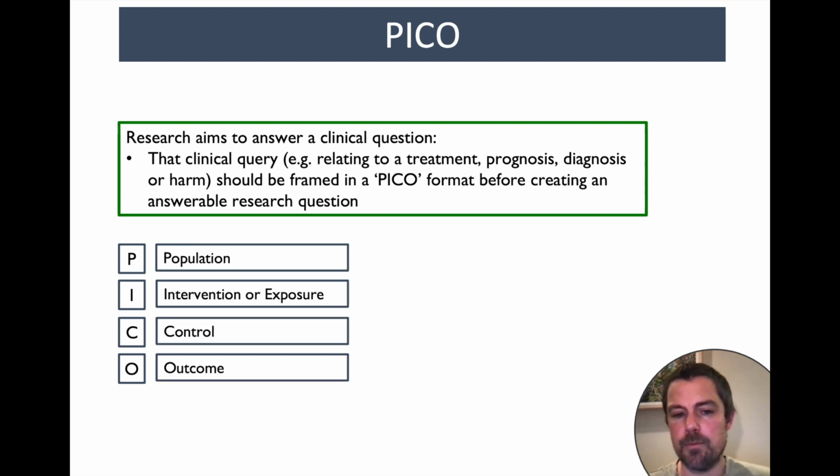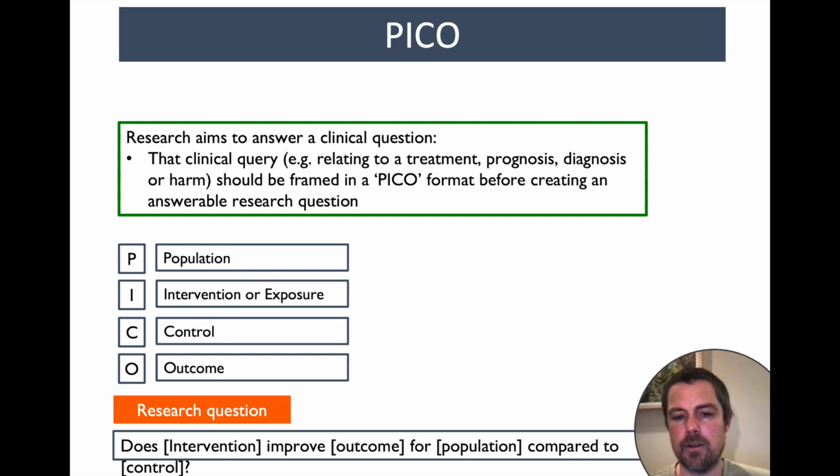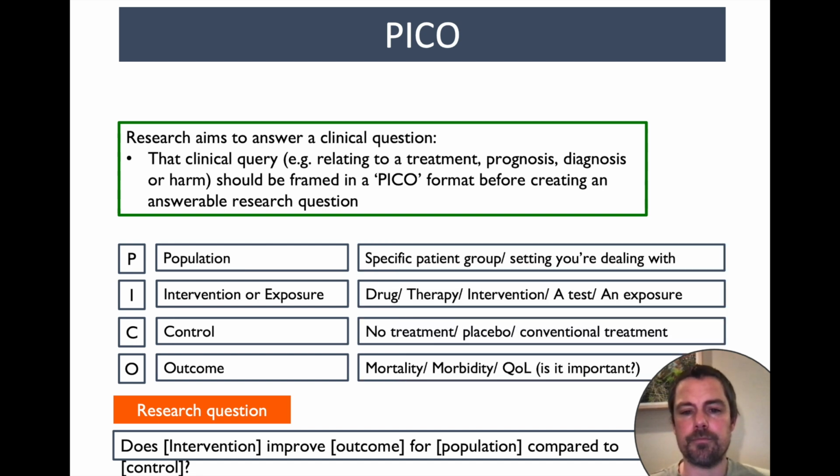P stands for population, I is either intervention or exposure, C would be a control, so there's a comparison of an exposure group to a control group, and O is outcome. And then we flip those 4 concepts into a sentence. So does the intervention improve an outcome for a population compared to the control? The population should be the specific patient group we're dealing with, and the rest speak for themselves.